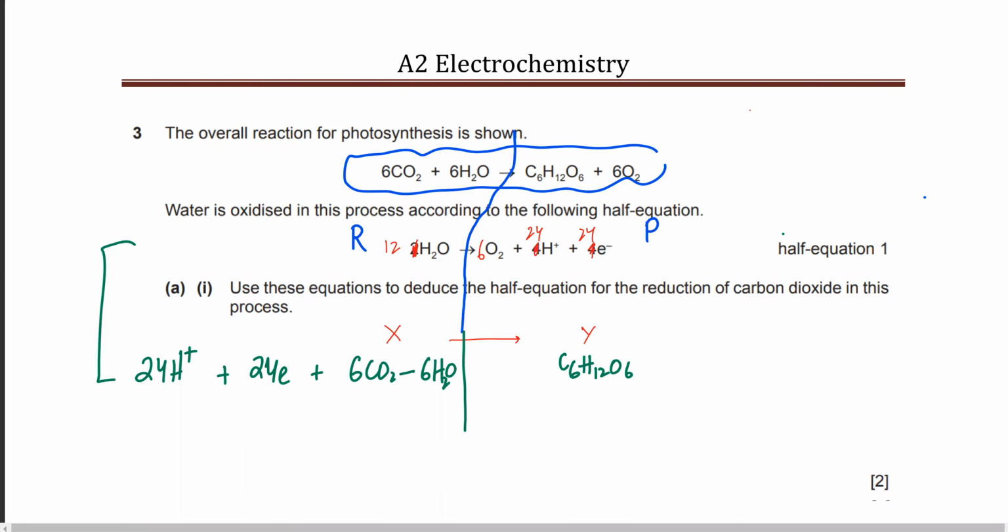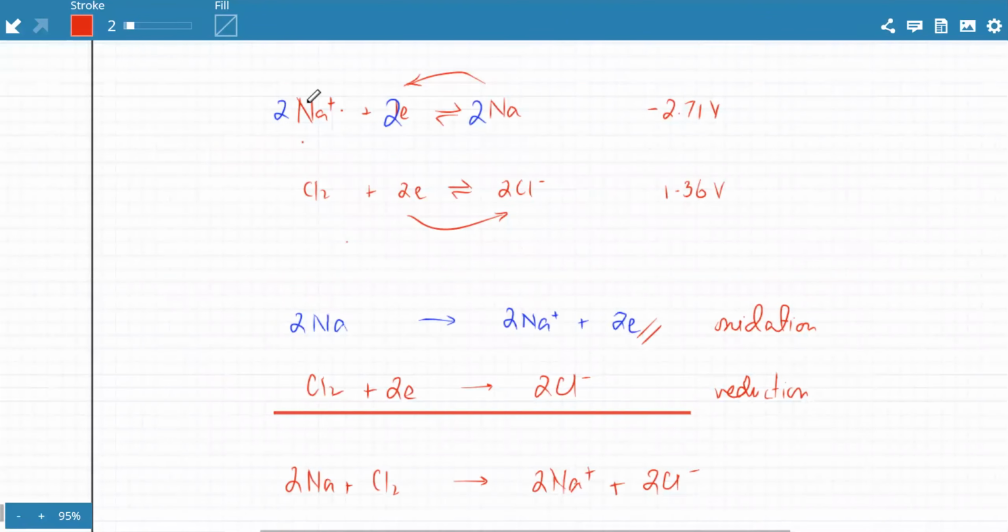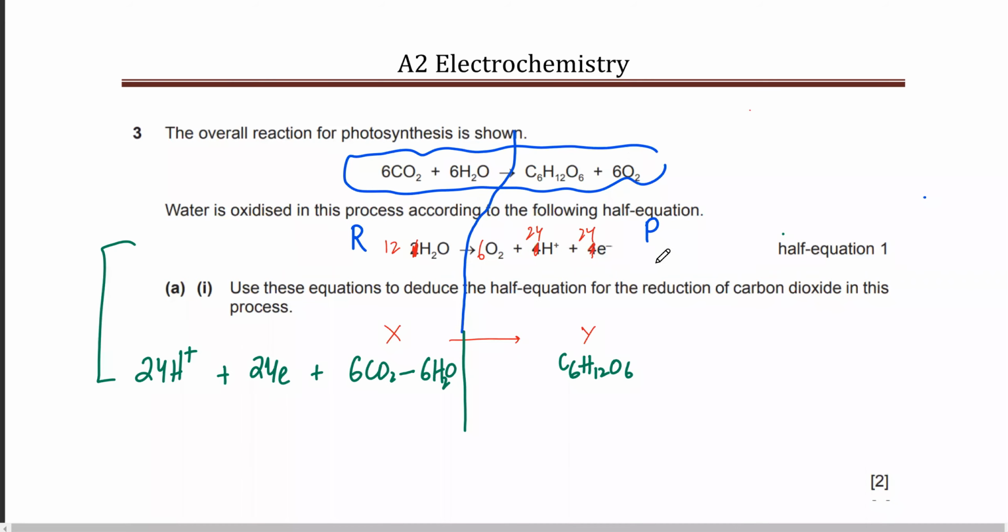Remember when we add up the two equations, we multiply the equations by a certain number so that the electrons gained and lost are equal. Is that clear? So the individual half reactions are always multiplied by some number so that when you add them up, they give us the equation. They just didn't tell us what that number is. I figured out myself that there are 6 O2s, so this equation must have been multiplied by 6.